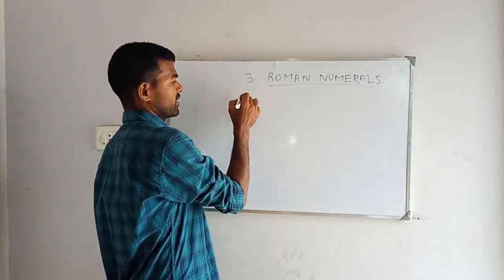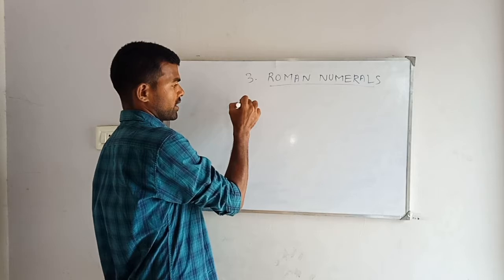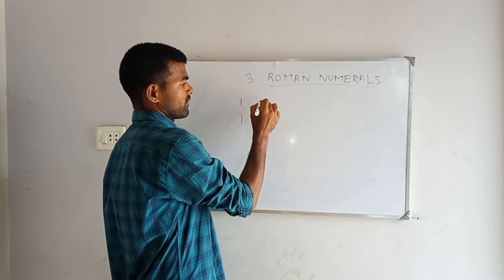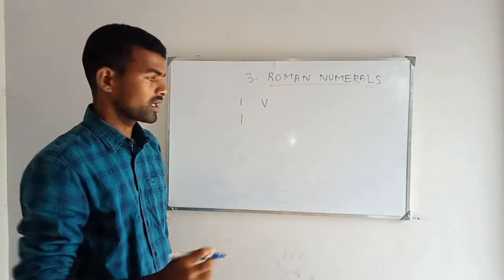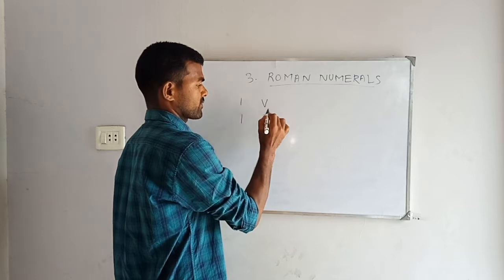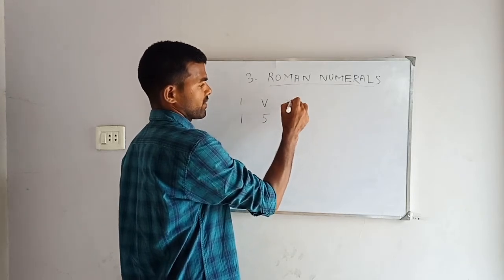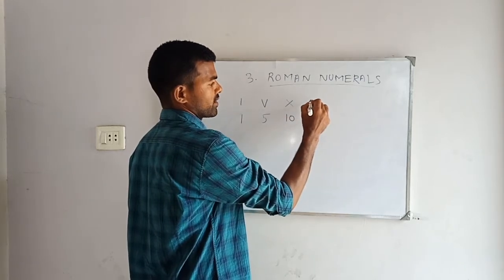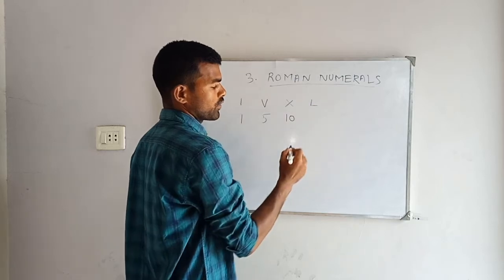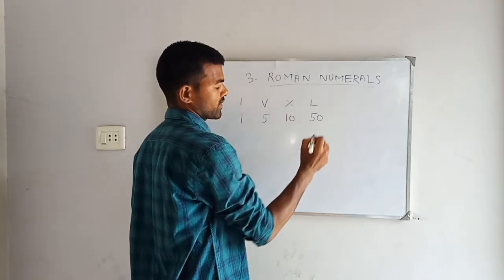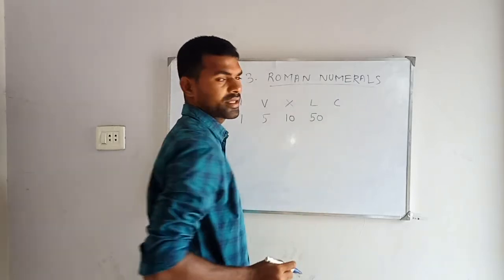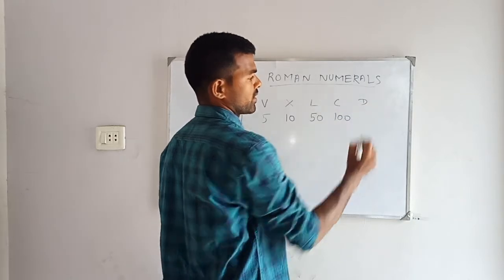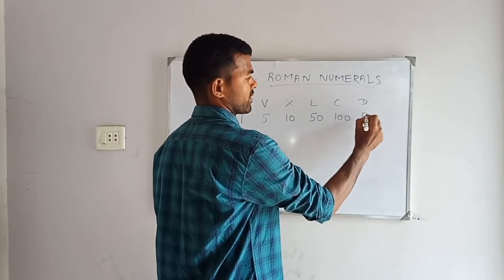Every letter has a value. The letter I has the value 1. V has the value 5. X has the value 10. L has the value 50. C has the value 100. D has the value 500.